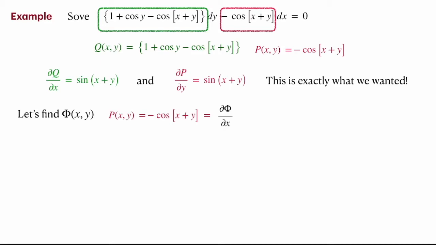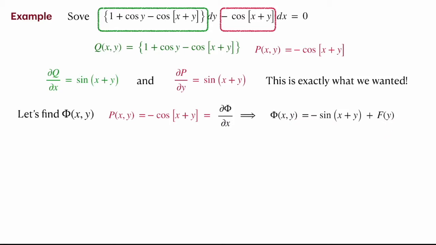So we first solve for phi using the d phi by dx equation, that is p is equal to d phi by dx, that is the identification which we are doing, which is equal to minus cos(x plus y). We can simply integrate this, and we find that phi of x, y is equal to minus sin(x plus y) plus an arbitrary function f of y.